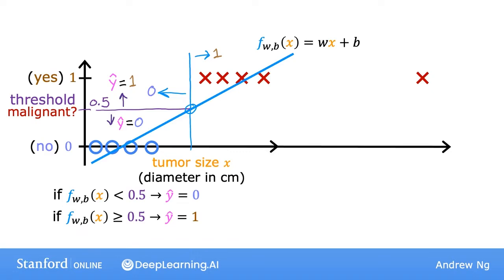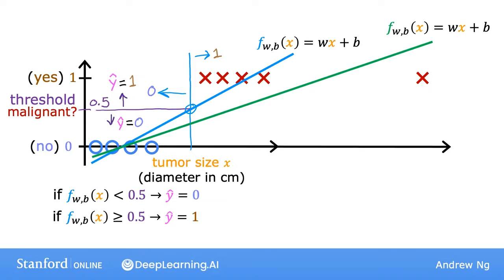But once you've added this extra training example on the right, the best fit line for linear regression will shift over like this. And if you continue using the threshold of 0.5, you now notice that everything to the left of this point is predicted as 0, non-malignant, and everything to the right of this point is predicted to be 1 or malignant.